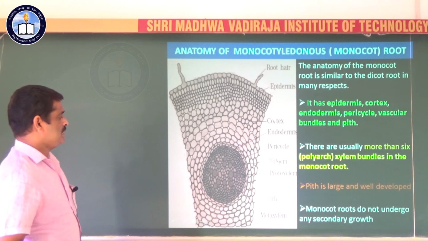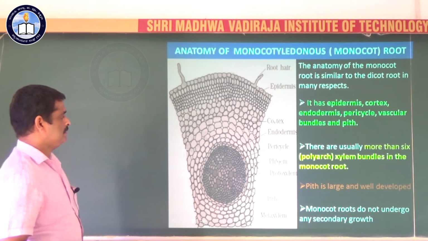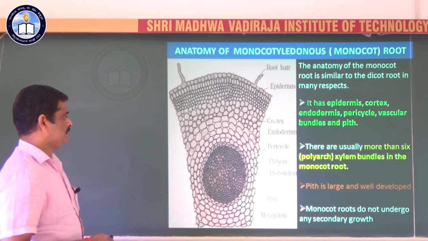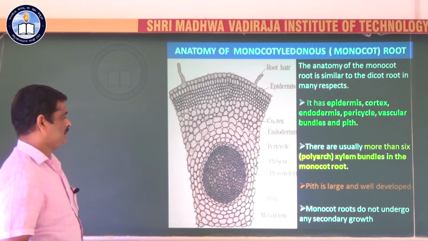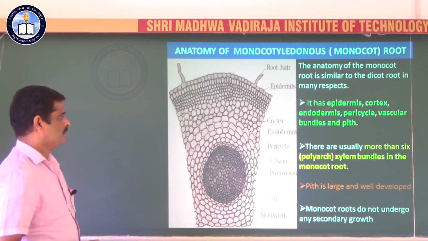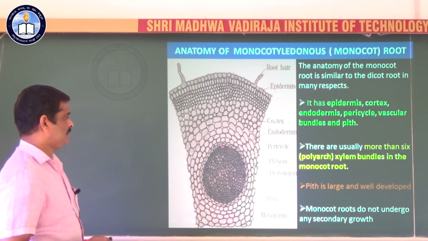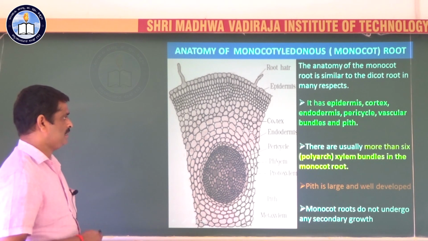The endodermis is formed of compactly arranged barrel-shaped cells without any intercellular spaces. The cell wall of this endodermis shows the Casparian strips. Inner to the endodermis, a parenchymatous layer is present, that is the pericycle. At the center, a parenchymatous pith is present.